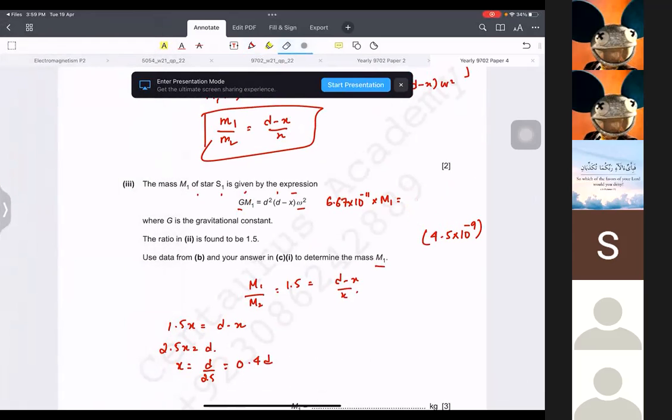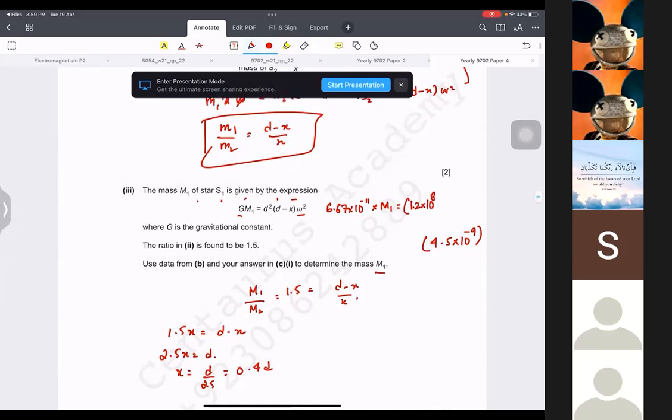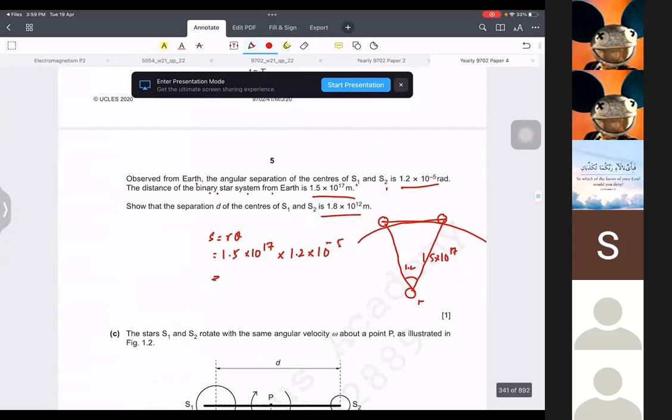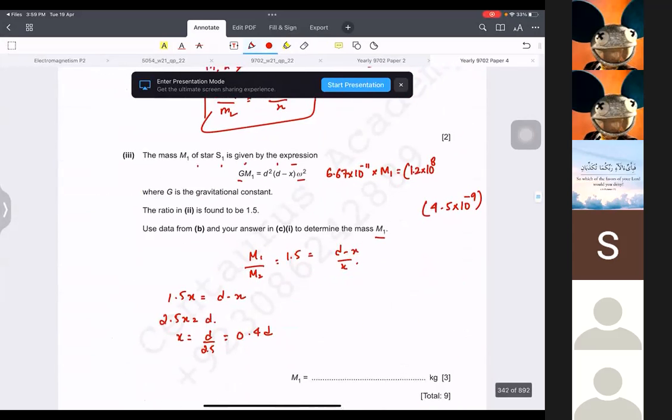This is better. D हमारे पास था 1.2 times 10 raised to power 8. I think ये इसने बताया मुझे. नहीं, 1.8 times 10 raised to power 12. Okay, so this is square and this is 1.8 times 10 raised to 12, minus 1.8 times 10 raised to 12 times 0.4.